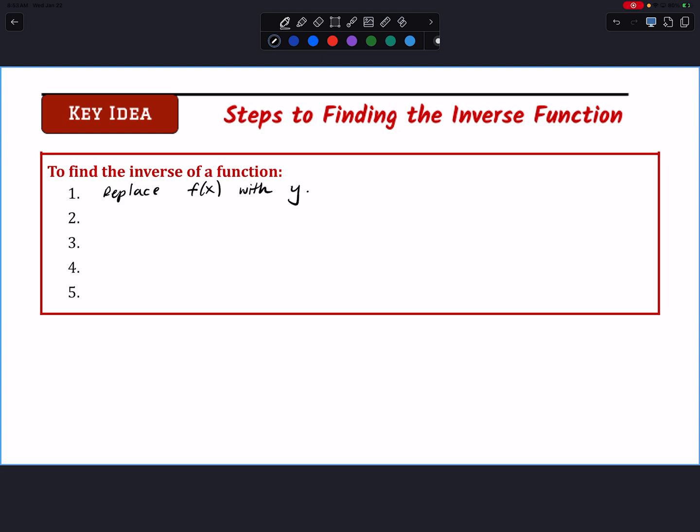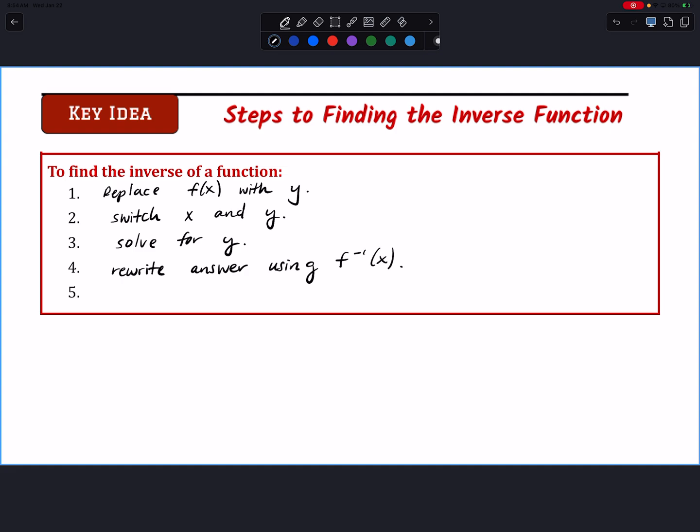You guys remember what comes next? Switch x and y. What comes next? Solve. Good. Okay. Then we'll get y equals something, but remember we're finding an inverse. So you want to rewrite your answer using the inverse notation, so f inverse of x.